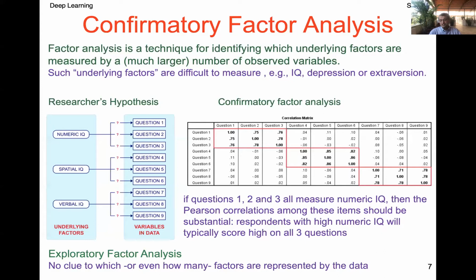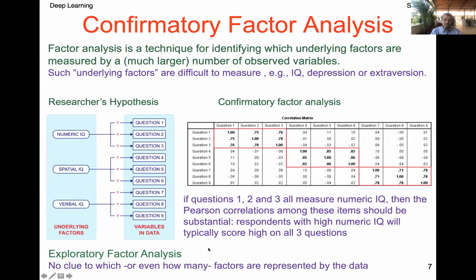So essentially, those are the values. That's how the data is distributed. And it confirms the researcher's hypothesis. If these correlations don't show up as nicely, then of course, it doesn't confirm that the hypothesis is true. So anyway, that's what they do in confirmatory factor analysis.